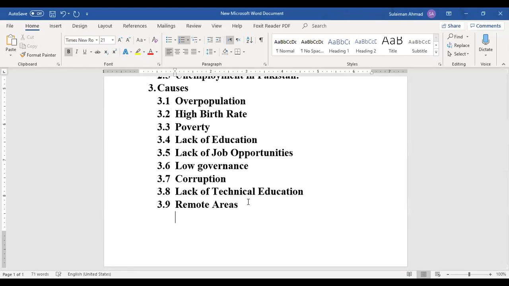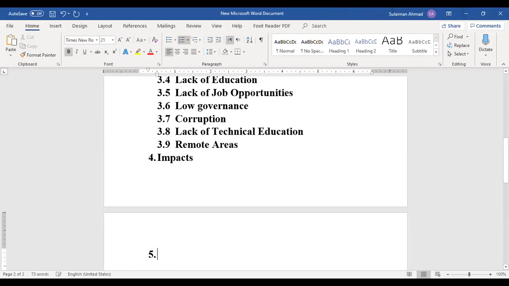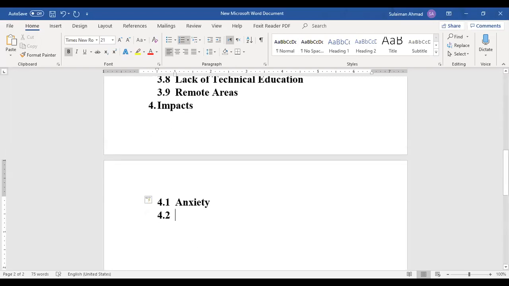Then let's move to the impacts of unemployment. So what can be the impacts or effects? Increase in poverty. Anxiety.